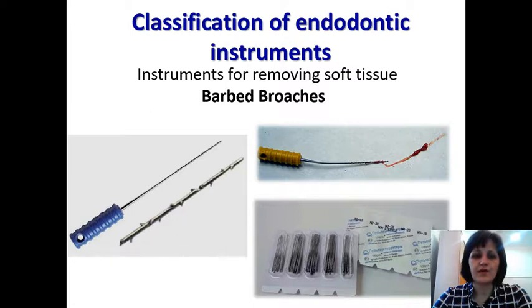The next group is for removing soft tissue, exactly for removing the pulp. They are called barbed broaches. This is a special instrument exactly for removing the pulp, the soft tissue, out of the root canal and the pulp chamber.